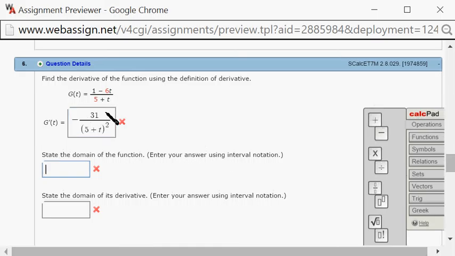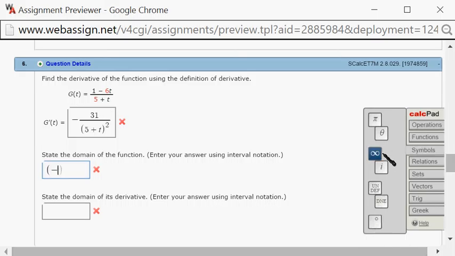The bad number would be negative 5, so it's going to be negative infinity to negative 5, and skip that, and 5 to positive infinity. Alright, so we have that.